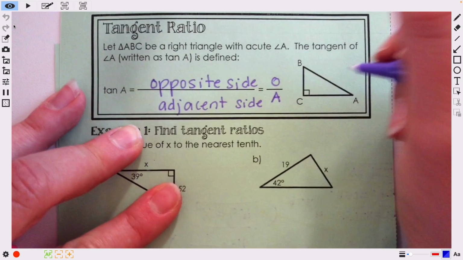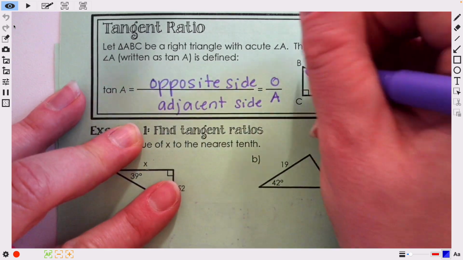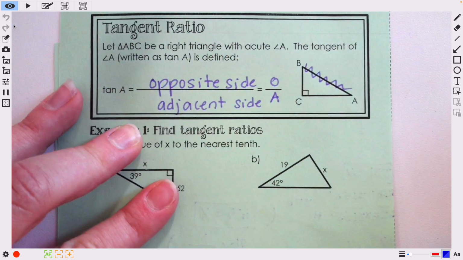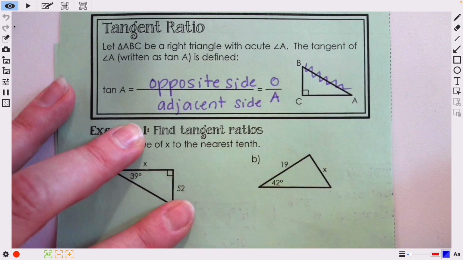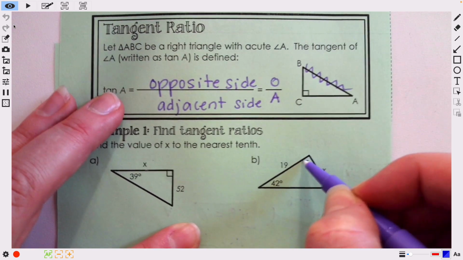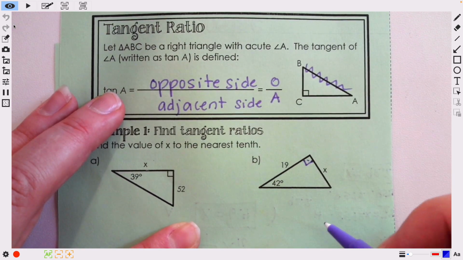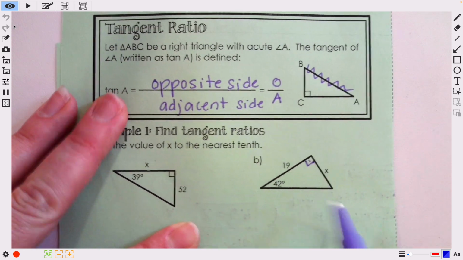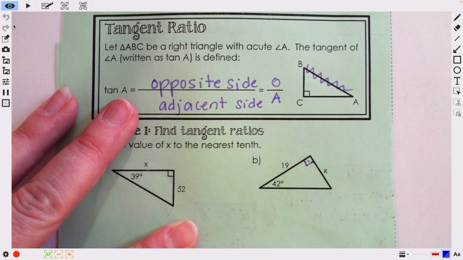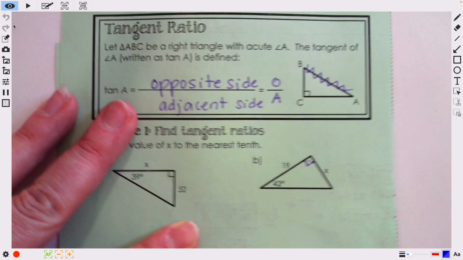The hypotenuse is not used in tangent. It's the only one where it doesn't get used, which actually makes it, in my opinion, the easiest one to recognize. So if you see a problem and the hypotenuse isn't marked, it's tangent, it has to be tangent.